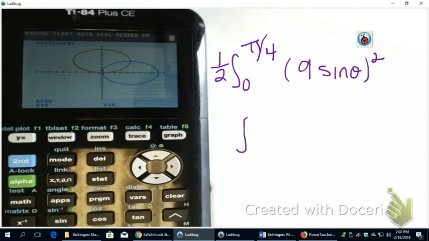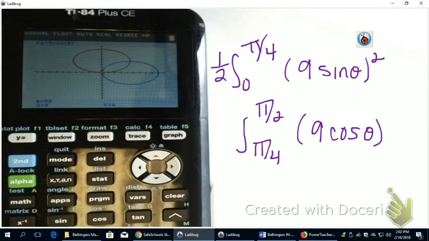And then I want to do pi over 4 to pi over 2 of 9 cosine theta, because that's the blue one. So when I go 0 to pi over 4, I'm finding that part of the petal, or the area, and then from pi over 4 to 90 is that part, so that's why I'm adding it together.